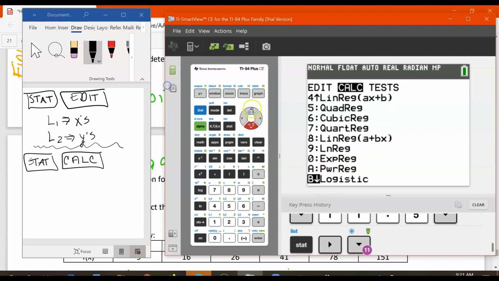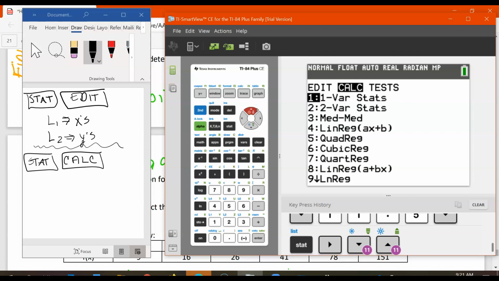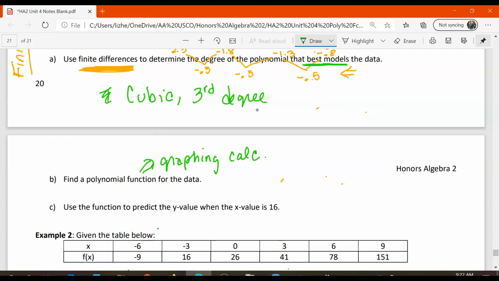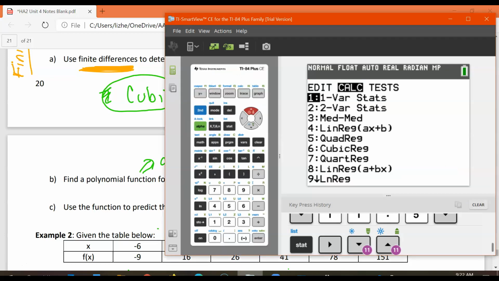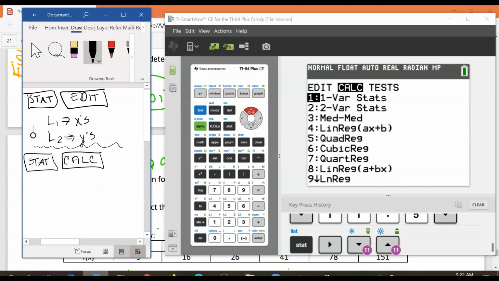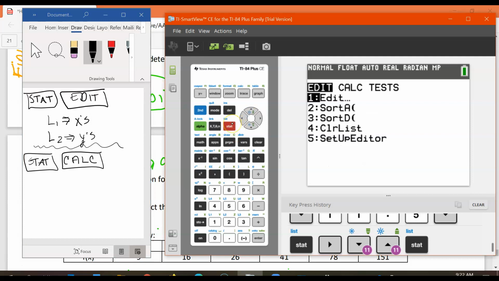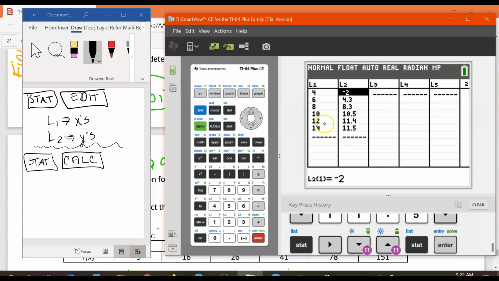So all these equations, we're just going to start easy. I don't think we've done this before. What we're going to do now, we already determined back here, we put this information in our notes in A, and we found out it was a cubic, didn't we? So that means, pull up my calculator again, I know that this data that I put in, stat, edit, that data is going to give me a cubic.